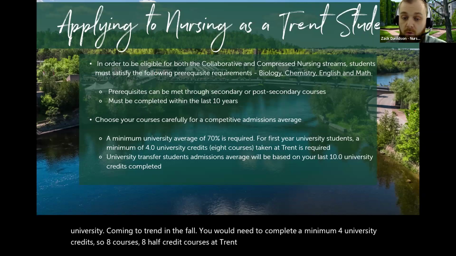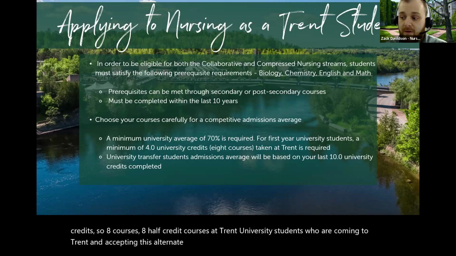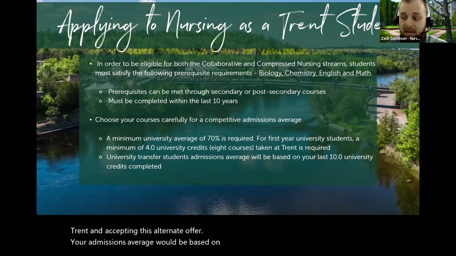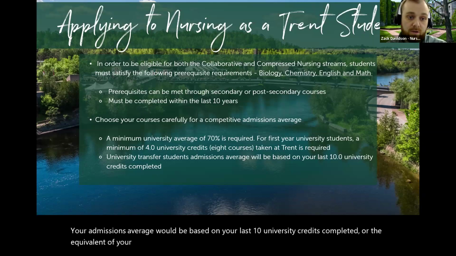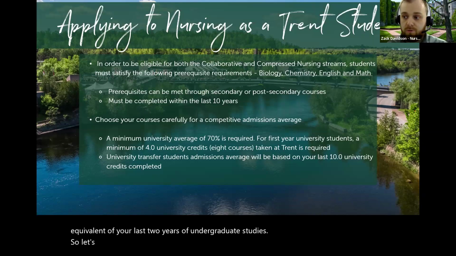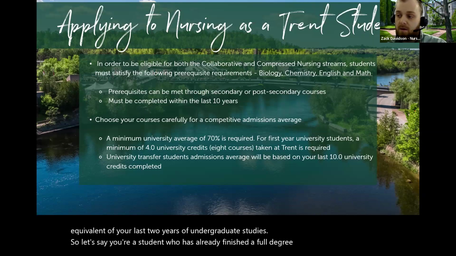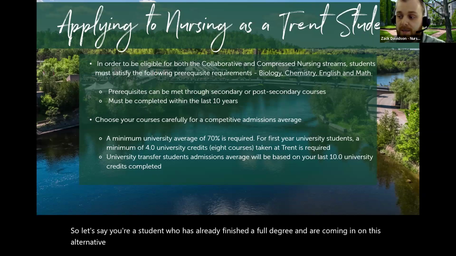University students who are coming to Trent and accepting this alternate offer, your admissions average would be based on your last 10 university credits completed, or the equivalent of your last 2 years of undergraduate studies. So let's say you're a student who has already finished a full degree and are coming in on this alternative offer to Trent.